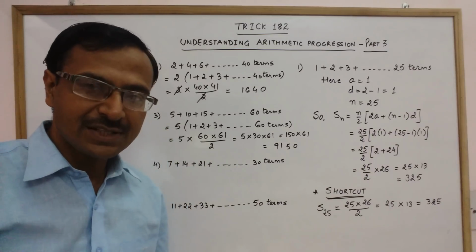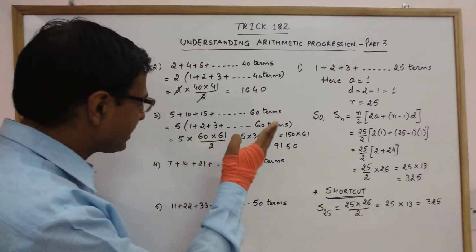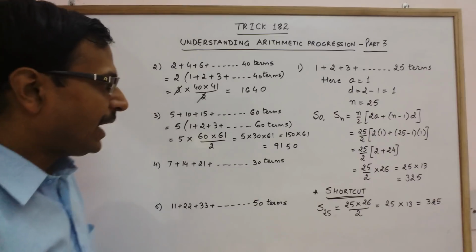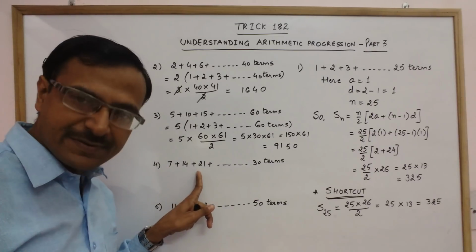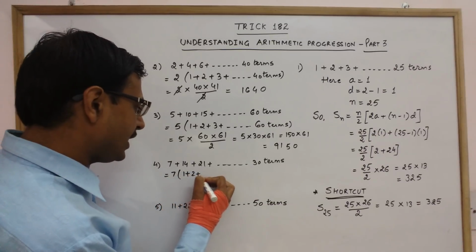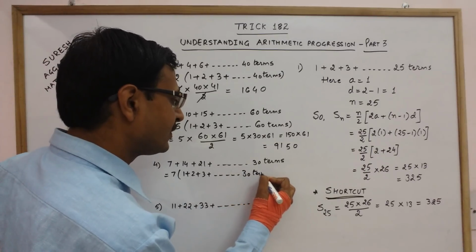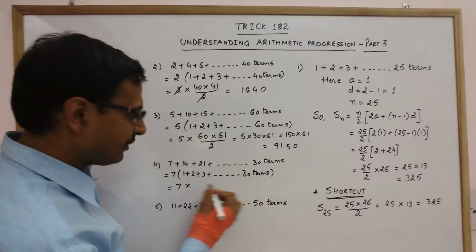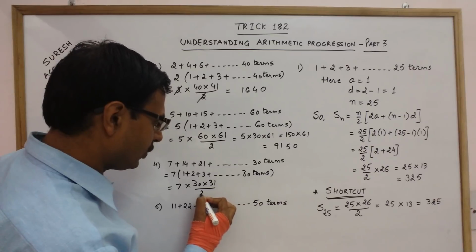So you can get this as a statement problem also at class 10th level: find the sum of first 60 multiples of 5. So you can do this using this shortcut. And similarly, for finding the sum of the multiples of 7, here 7 is common, so you get the natural numbers 1, 2, 3 and so on up to how many terms are required. We require 30 terms, so the simple answer will be 7 into 30 into next consecutive 31 upon 2.